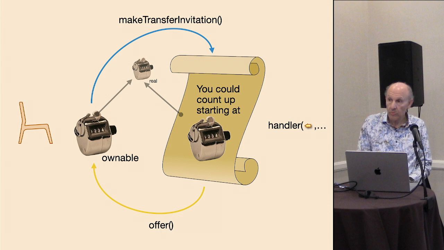But if I understand the illustrations on your slides correctly, this isn't really what's happening. What I need to do is create a new purse, transition the money to that purse, and then make that purse an ownable. So I turn an entire object into an ownable.